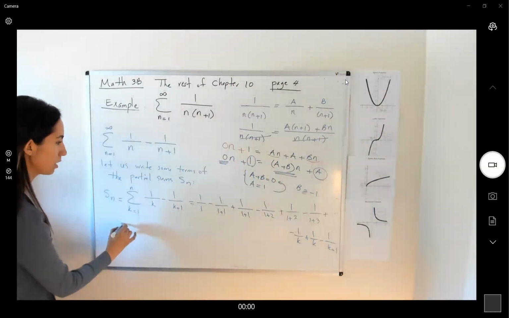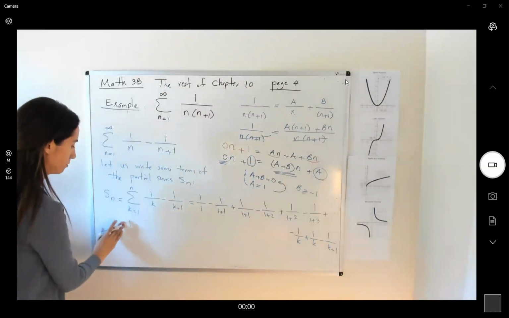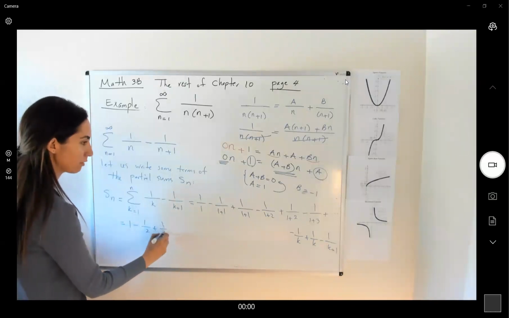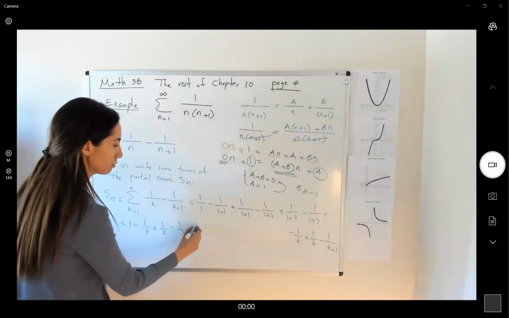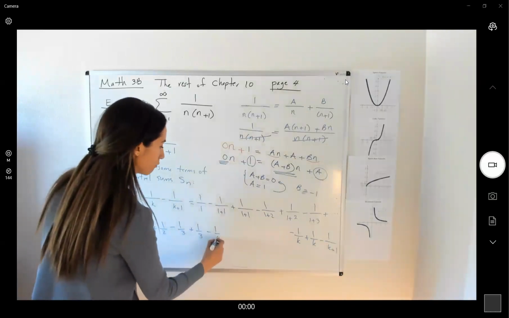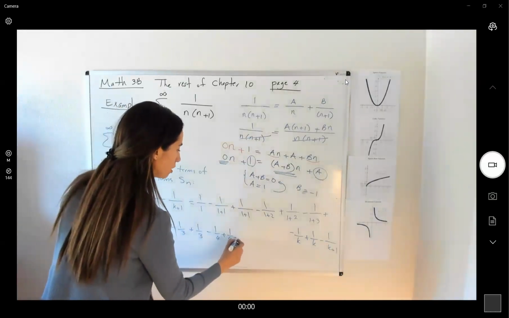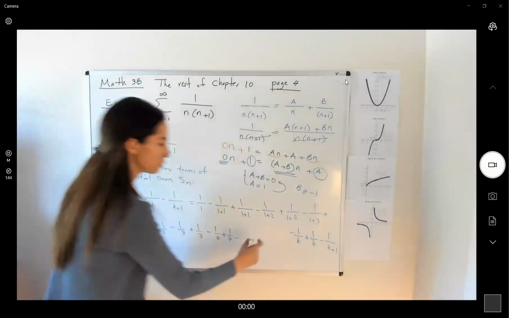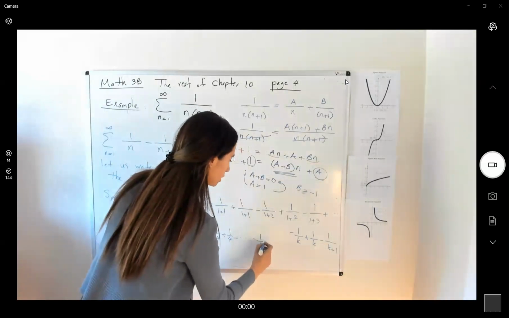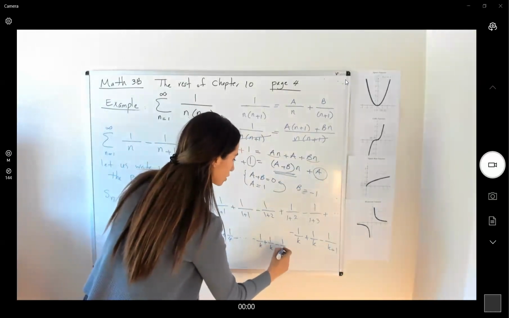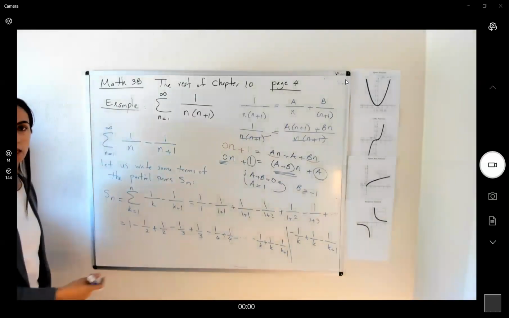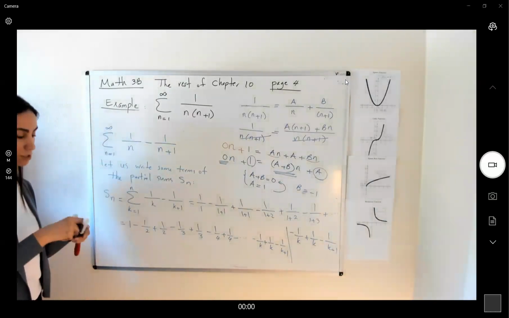Very good. This is 1 minus a half plus a half minus a third plus a third minus a fourth plus a fourth minus a fifth. So the rest of the terms, minus 1 over k plus 1 over k minus 1 over k plus 1. As you can see, you end up with opposite terms.